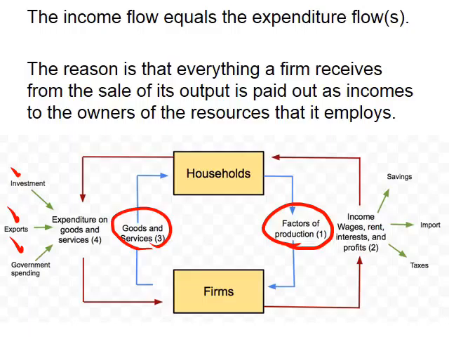In terms of leakages, we know that we had money coming out for wages, rent, interest and profits, but also savings could be a leakage, imports and taxes. The reason is, the income flow equals the expenditure flows, and the reason being is that everything a firm receives from the sale of its output is paid out as incomes to the owners of the resources that it employs.